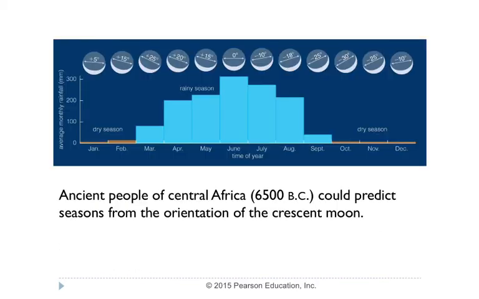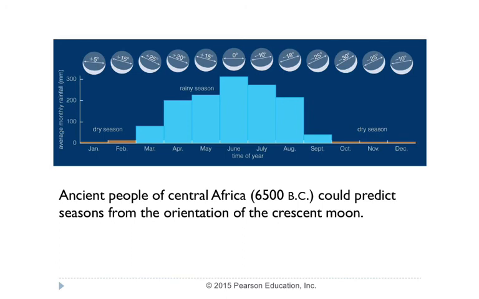In Central Africa, in about 6500 BC, they use the phases of the moon. So here we have a crescent, and the angle changes very slightly. You could see that here in the middle, it is completely flat, kind of like a happy face. But it changes.